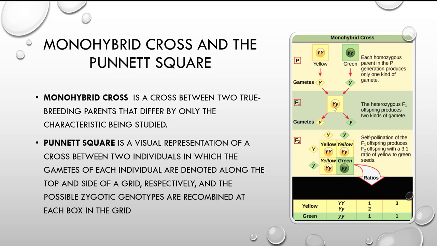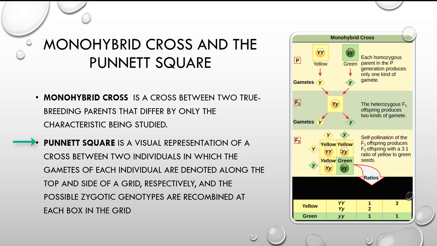So this monohybrid only produces yellow seeds. Okay, so this would be 100% yellow seeds. Then again, we allow this to self-fertilize. And in self-fertilizing, we could set up a Punnett square to predict the possible offspring.